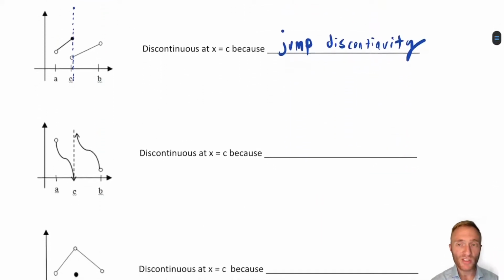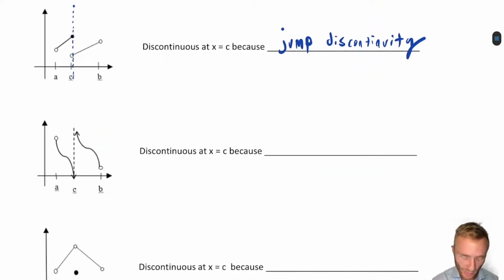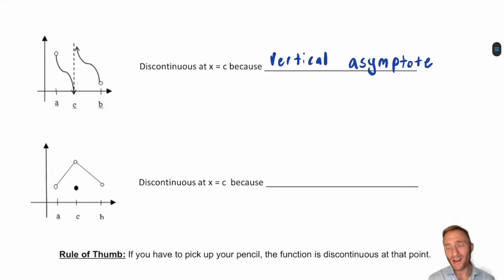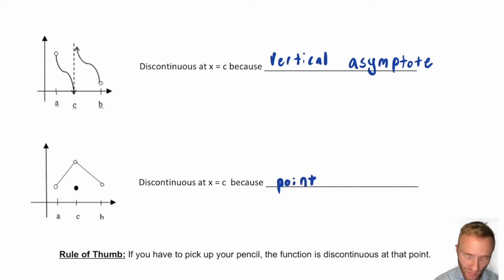In part C, we are looking at a vertical asymptote, discontinuous at c because we have limits that go to infinity. And finally, you could call it a jump, or we could just call this a point discontinuity. Those funky ones where it's just undefined at one point. You get the picture.